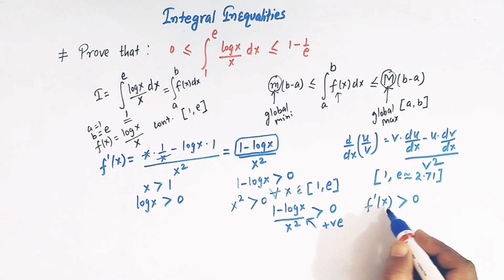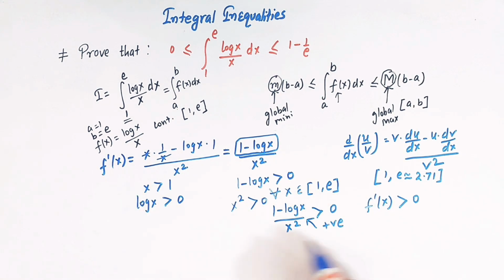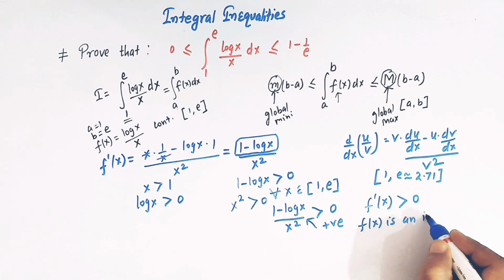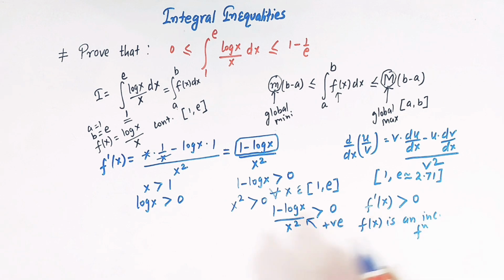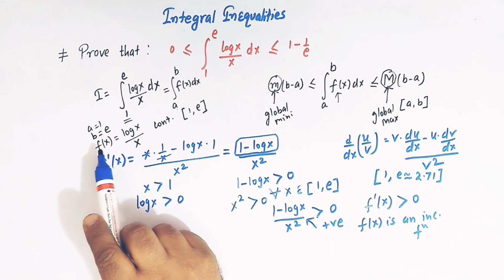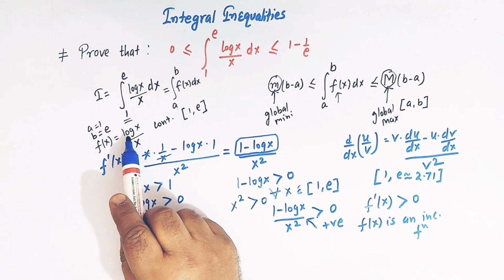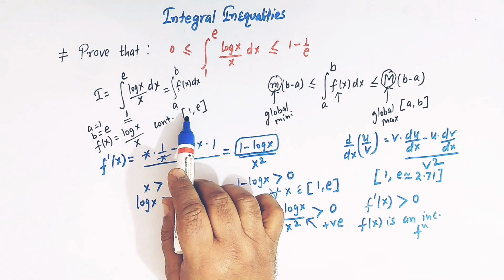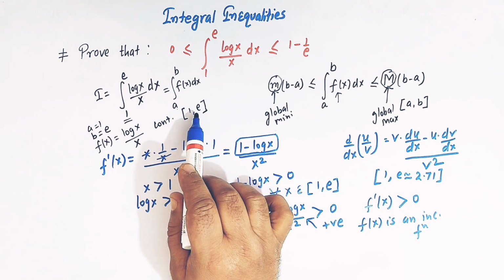So this suggests that our function f of x is an increasing function, right? So here we have established that this function f of x, log x over x, is an increasing function in the interval 1 comma e, right?